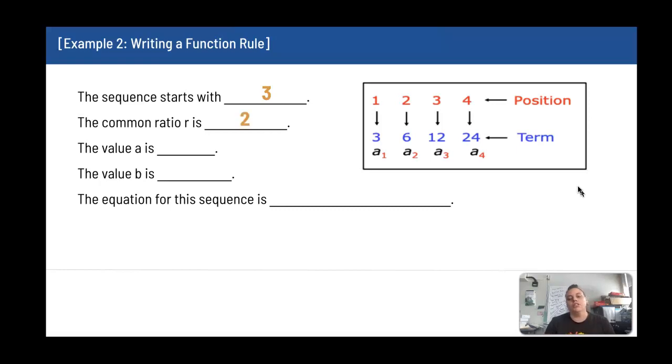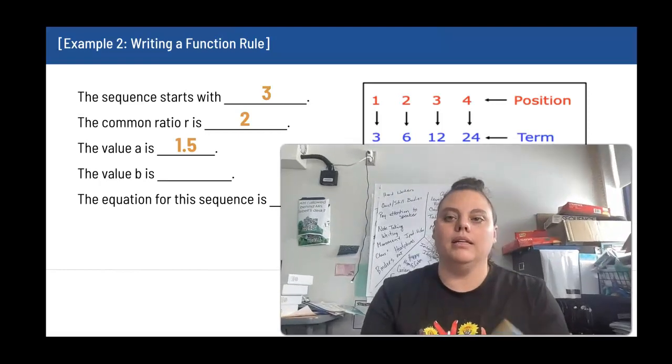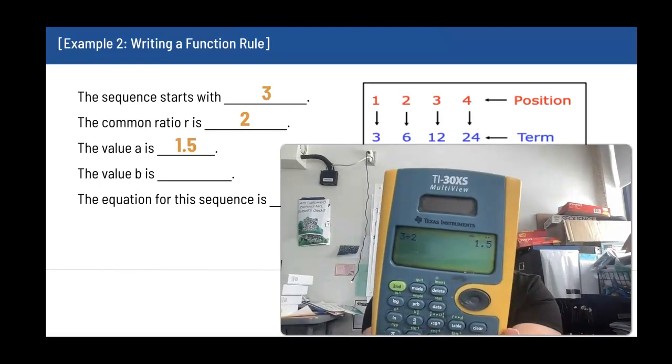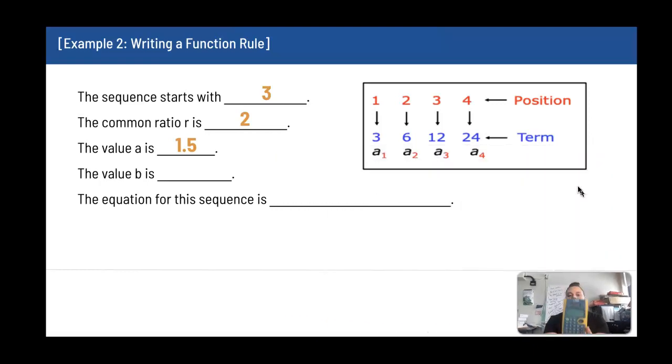So my common ratio is 2. This means that my value of A, which is my first value divided by my common ratio, will be 3 divided by 2, which is 1.5. And I can get that simply by typing into a calculator 3 divided by 2.